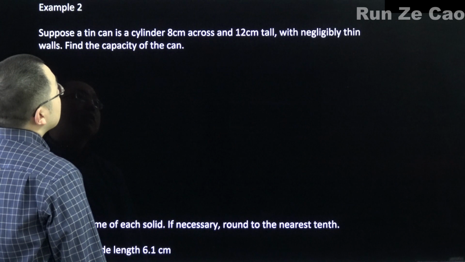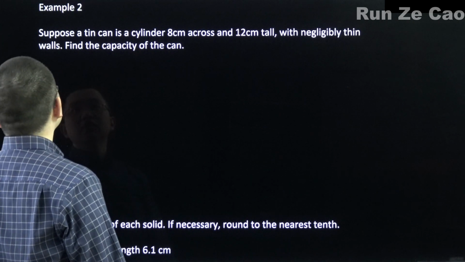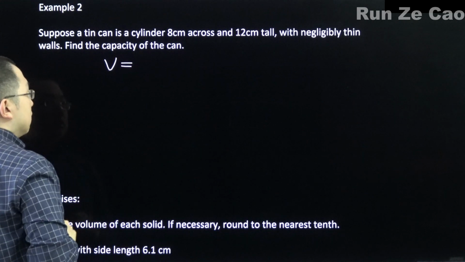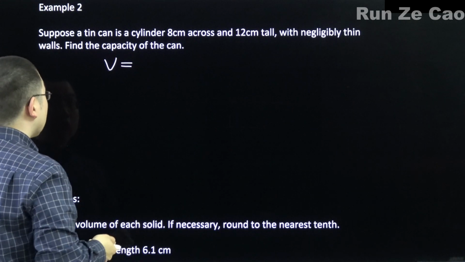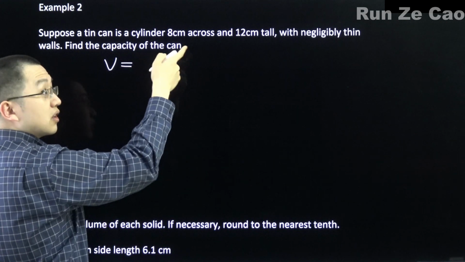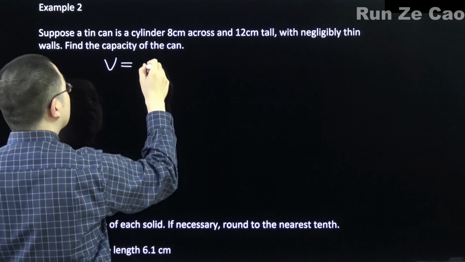Okay, so 8 centimeters across and 12 centimeters tall with negligibly thin walls. Find the capacity of the can. Well, capacity means internal volume. So negligibly thin walls, that means we're just finding the volume of the cylinder.